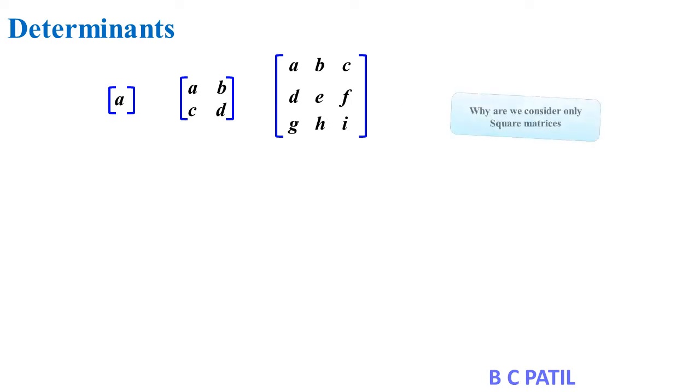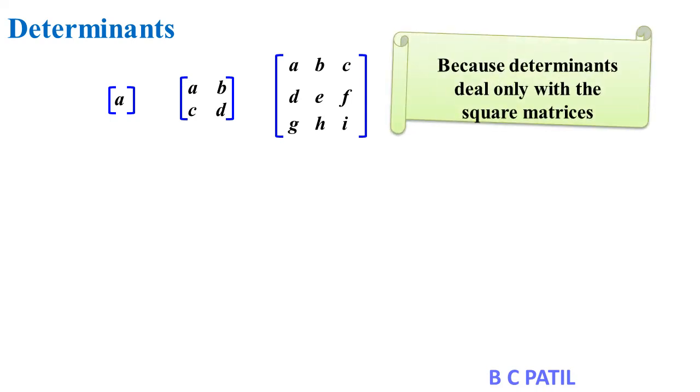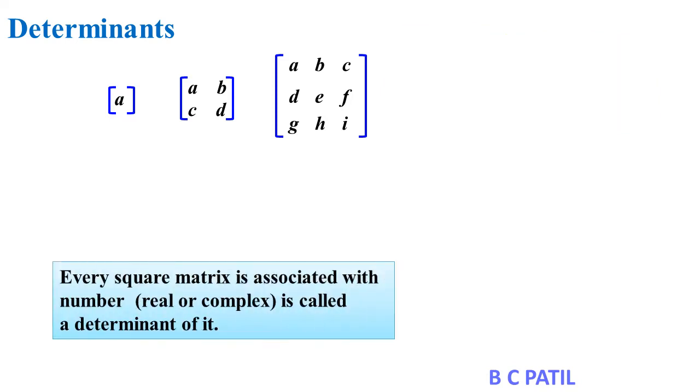Because determinant deals with only square matrix. If matrix is not a square matrix, determinant value does not exist. Every square matrix is associated with a number. That number may be real or complex, is called determinant.